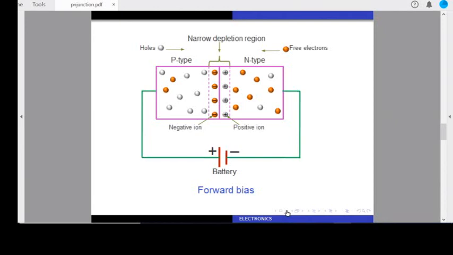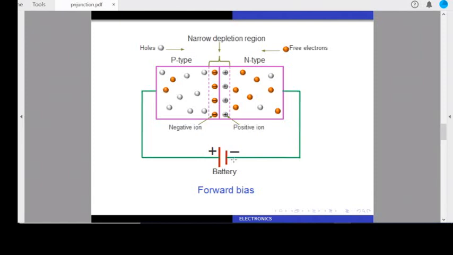It repels because the holes are considered to have a positive charge, and our terminal here is also positive. So positive and positive is going to create a repulsive force.